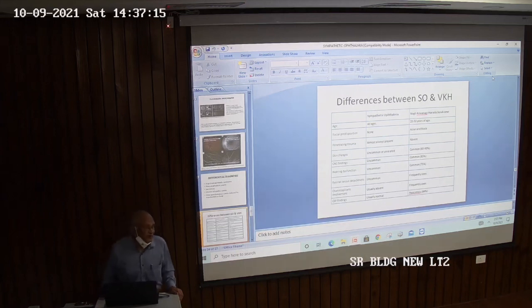Skin changes are important: poliosis, alopecia and vitiligo are involved in Harada disease. CNS findings are uncommon in sympathetic ophthalmitis, while common in Harada disease, such as deafness.